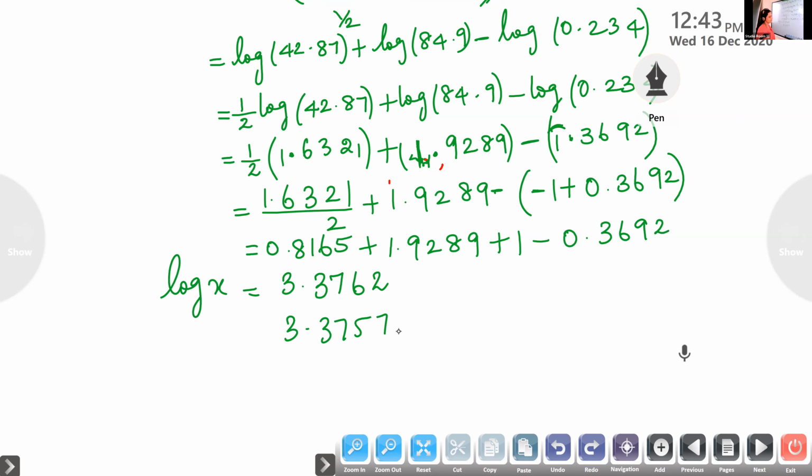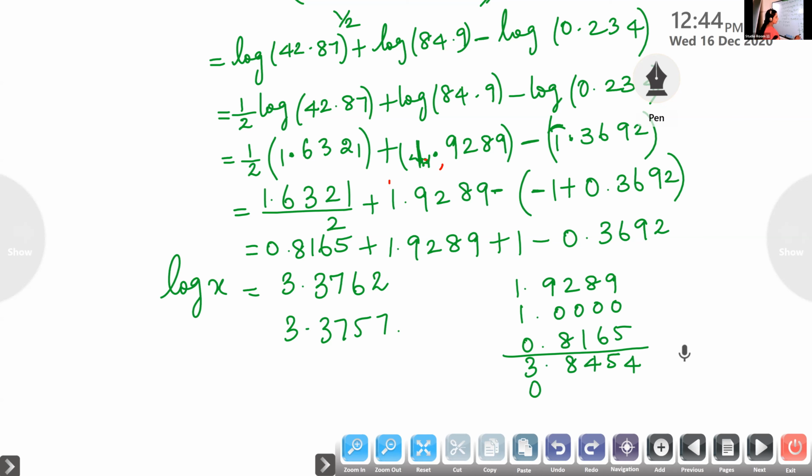Let us check which one is correct. I'm going to add all the positive quantities: 1.9289 and 0.8165. All the calculations you have to do in the rough column, children. When you add those, you will get 4.18, then from here I'm going to subtract 0.3692. So this is the answer.